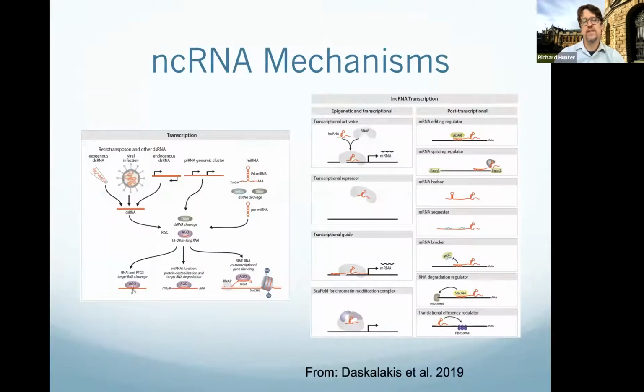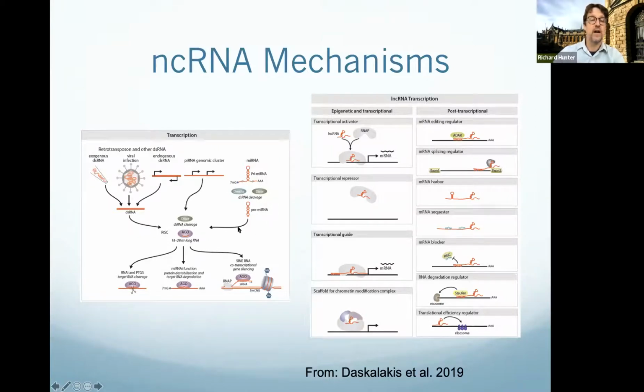This was just from a paper we wrote a couple of years ago showing the variety of different things that non-coding RNAs can do. MicroRNAs' main mechanism of action is to bind to other target RNAs or to proteins and cause their degradation, and they do that through interacting with proteins called DROSHA and DICER. I'll not get into a lot of detail about that unless you're curious.